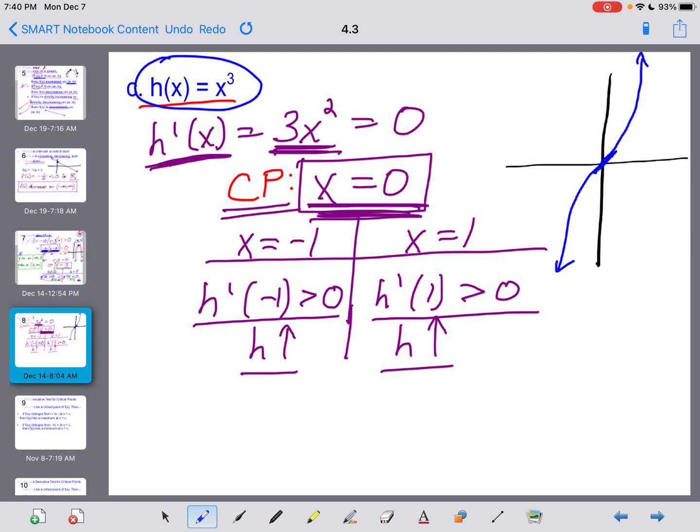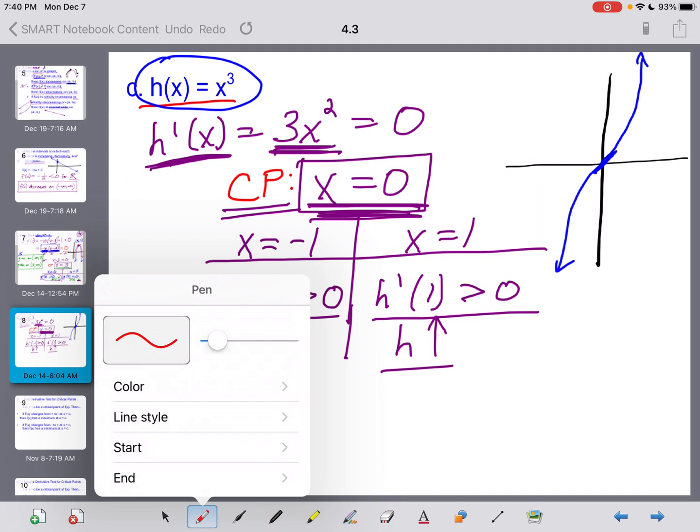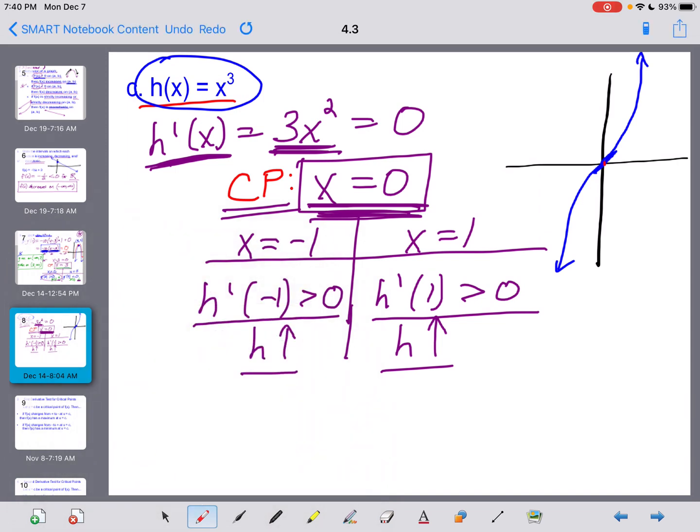The reason this graph is wrong is because if I were to now think about the tangent line to this curve right here at the origin, if I did draw it going through the origin at a 45-degree angle, my tangent line would look like this with a slope of 1. But what do we know? Our derivative is right here.